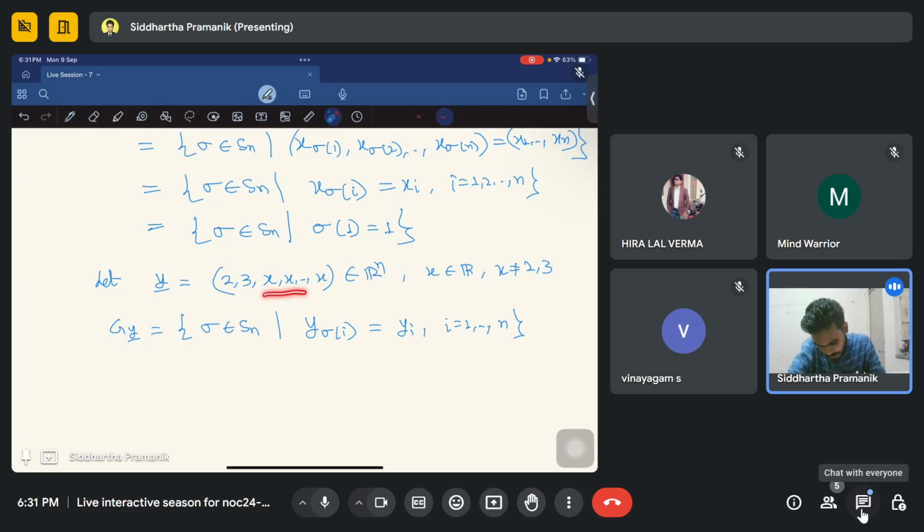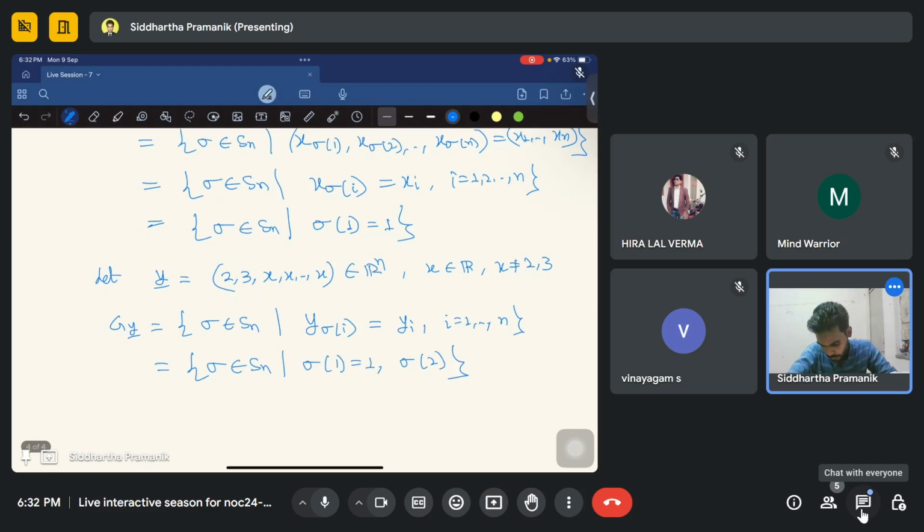But from the third coordinate to the nth coordinate, we can permute those elements because all elements are the same. But the first and second coordinates are distinct, so we have to fix them. So this is sigma belongs to Sn such that sigma of 1 is 1 and sigma of 2 is 2.